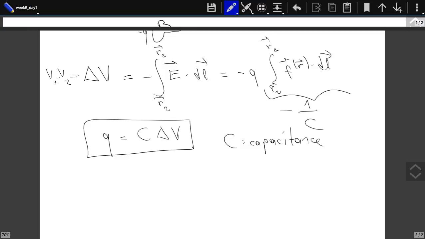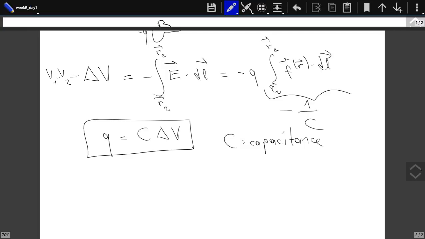So there won't be any electrical breakdown. But if you have a system that has a small capacitance, then even after a small amount of charge, the potential difference might become very large, and that means there will be an electrical breakdown, and all the stored charges will just flow through the formed plasma.